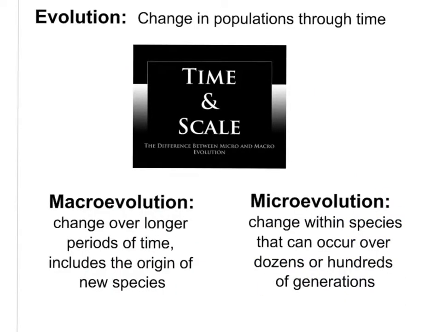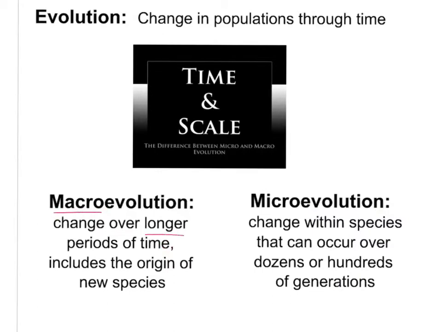First, just a review, evolution means a change in populations through time. We already learned that. There are two aspects to that change, and that's where we get the difference between macroevolution and microevolution. When we're talking about a change over a very long period of time, we're talking about macroevolution.